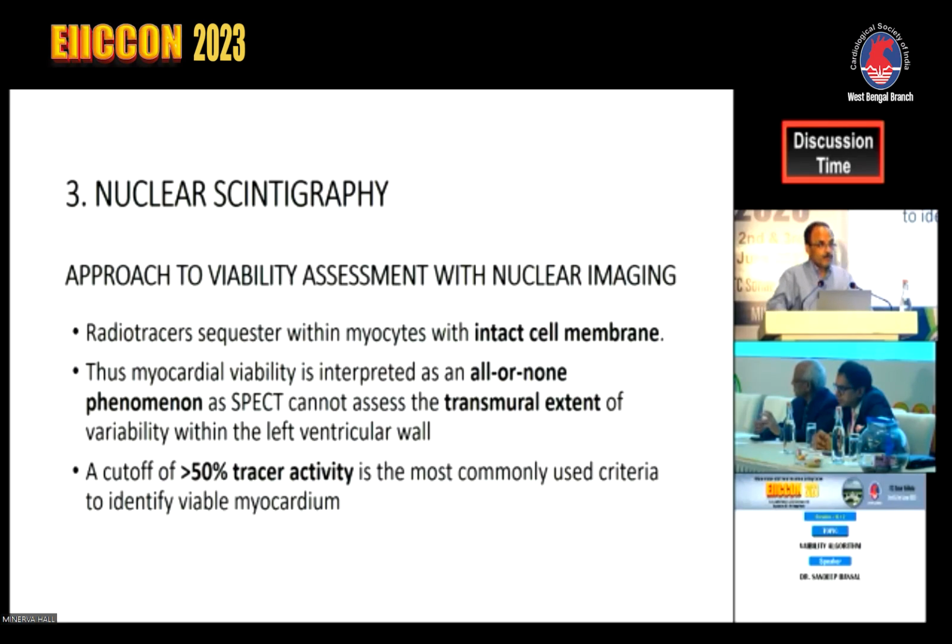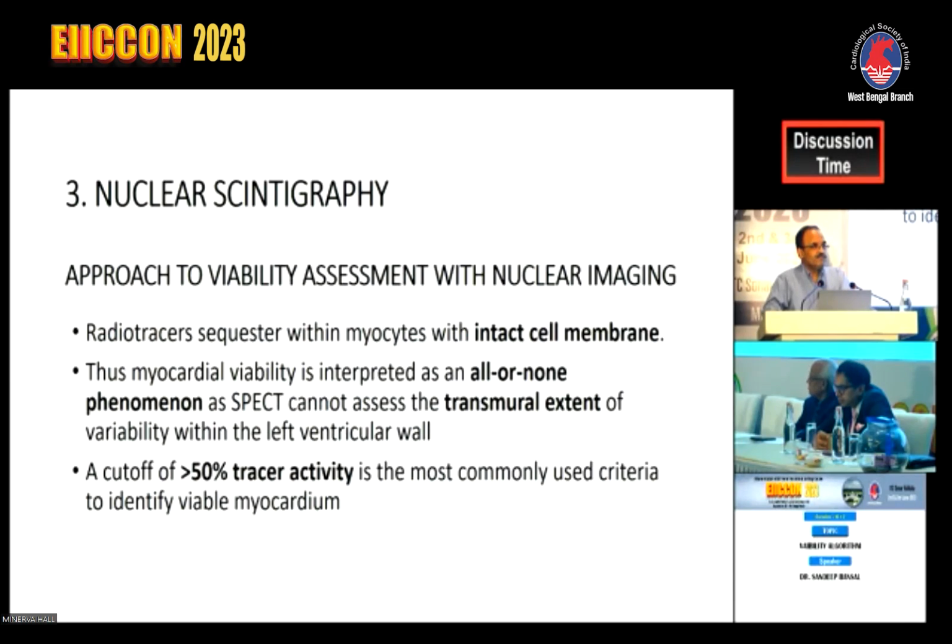The good old thallium used to behave as potassium, and we know that potassium is an intracellular ion. So thallium would go into the cell, and it can do that only well when the cellular integrity is preserved and there is some degree of metabolism occurring. So based on the thallium scans, we could predict more reliably whether there is myocardial viability or not.